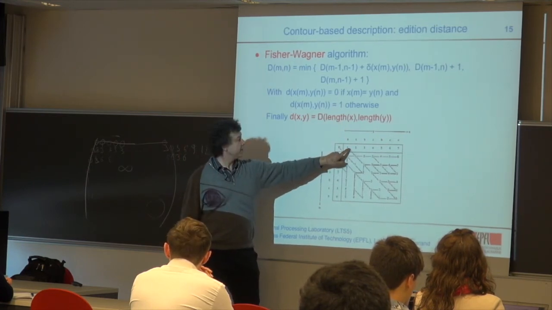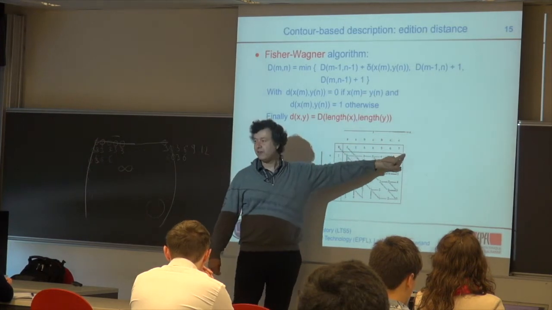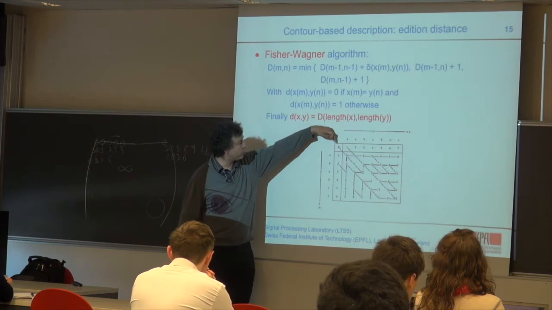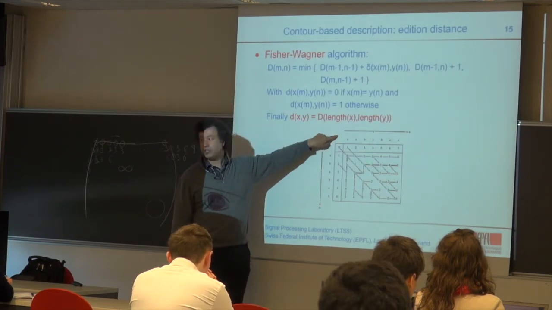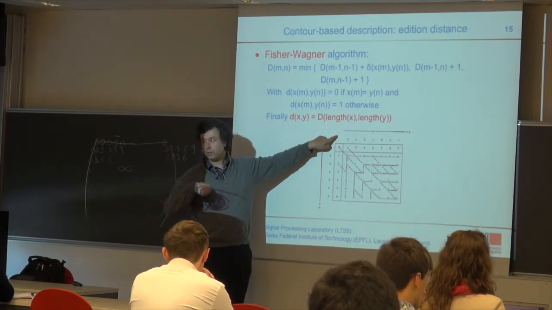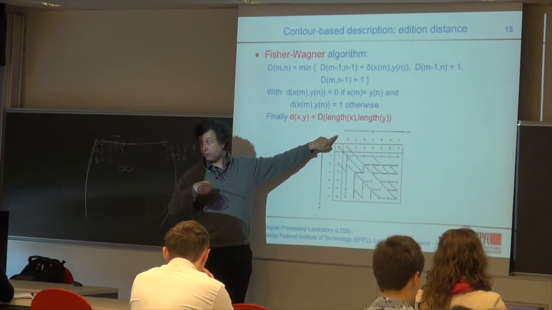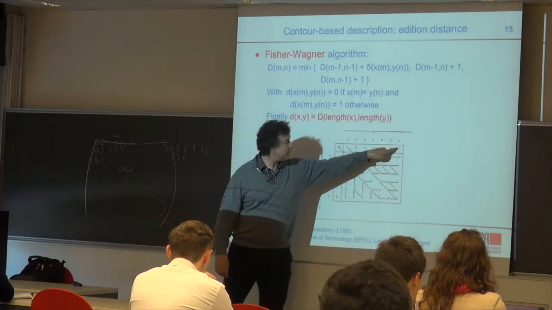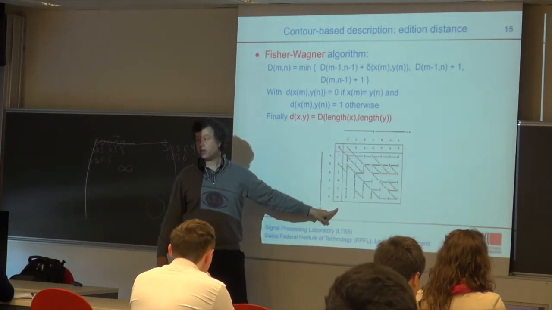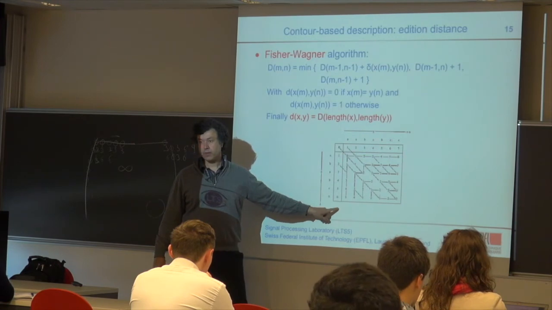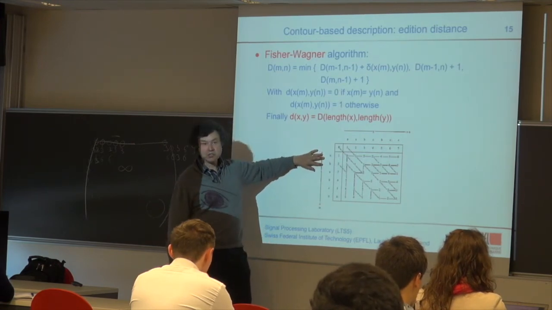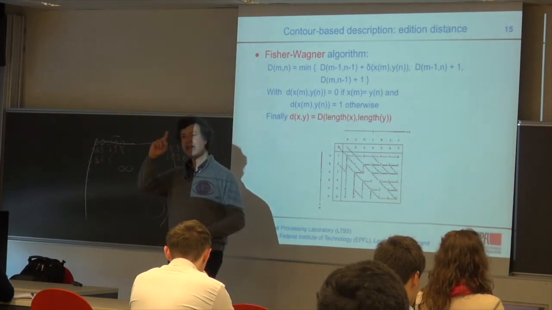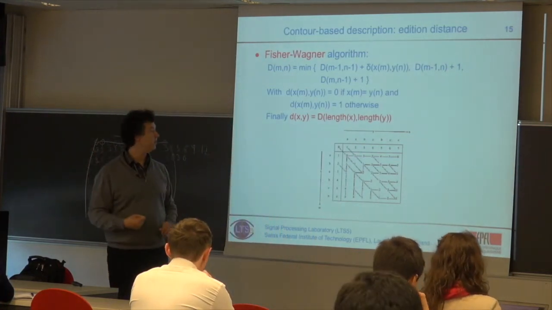Okay, I will speed up. 2, 3, 4, 5, 6, 7. Correct? What is the number of operations that I need to convert an A to an empty chain? 1. Remove it. An AB to an empty chain, 2. So this line and these lines are trivial. And you read them as how many operations I need to convert what I see here to what I see here. So now I have something, and I will continue.